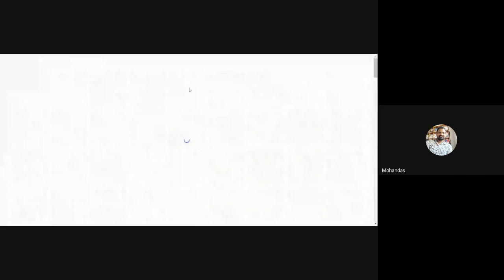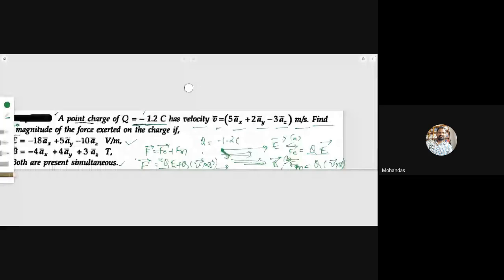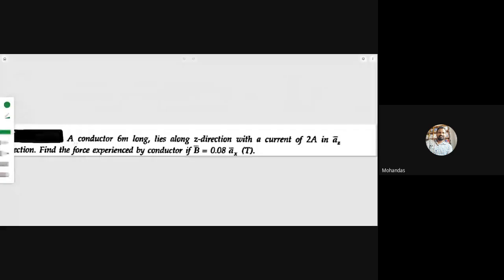Next problem: now note down this problem, all of you. A conductor 6 meters long lies along the z direction with a current of 2 amperes in the AZ direction.